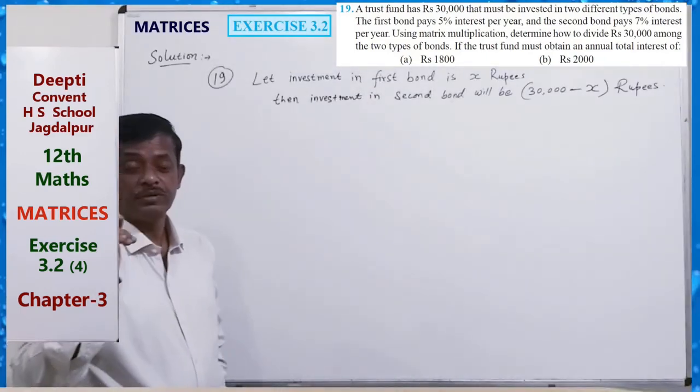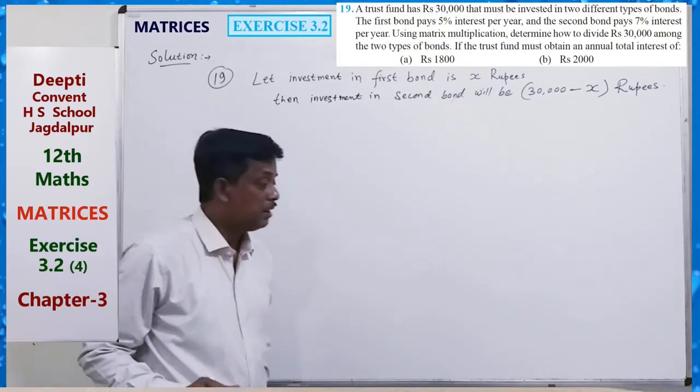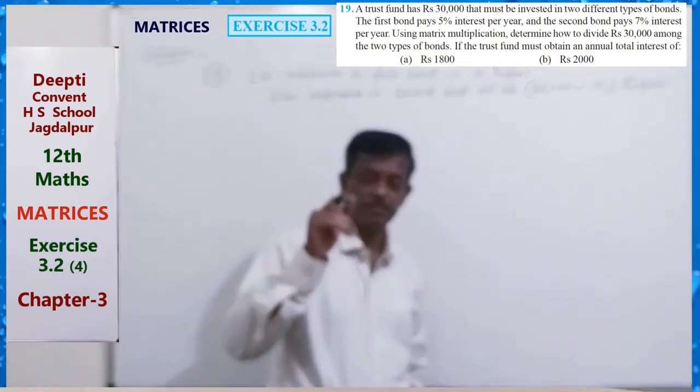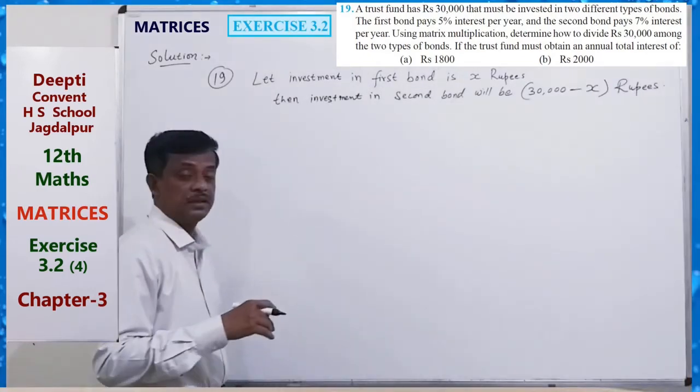Then we have to represent the 5% interest on the first bond and 7% interest on the second bond, so we use matrix multiplication.